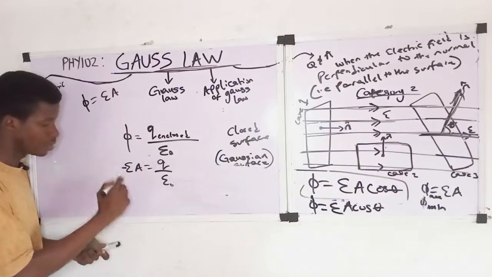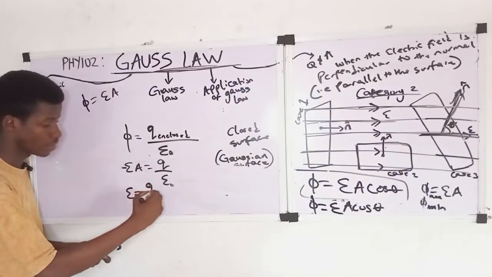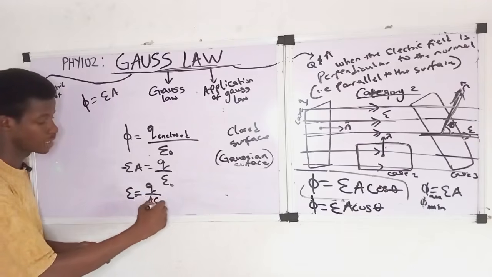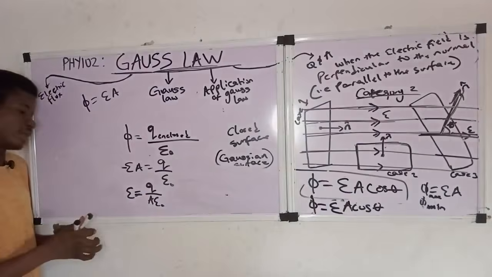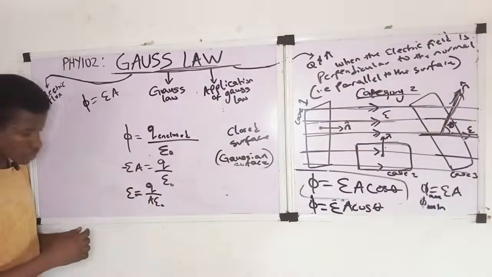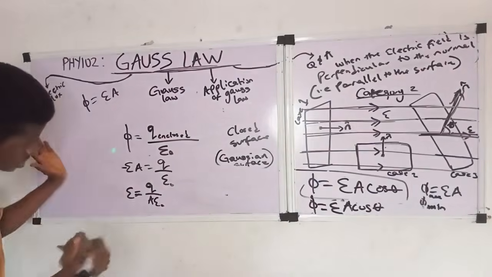We want to make E stand alone. Therefore, electric field can also be equal to charge enclosed divided by area times epsilon naught.